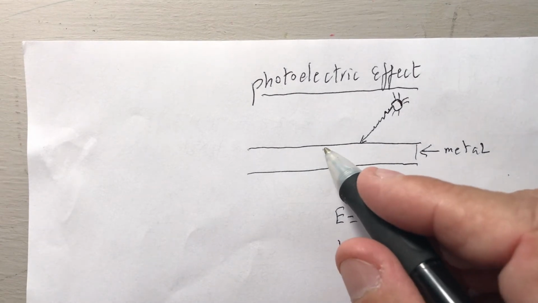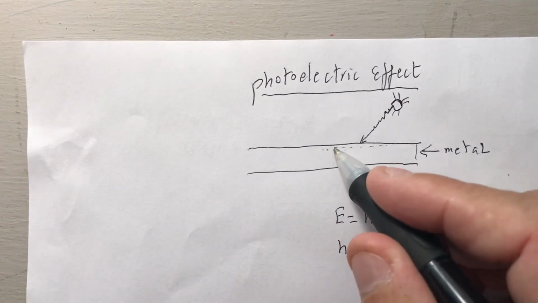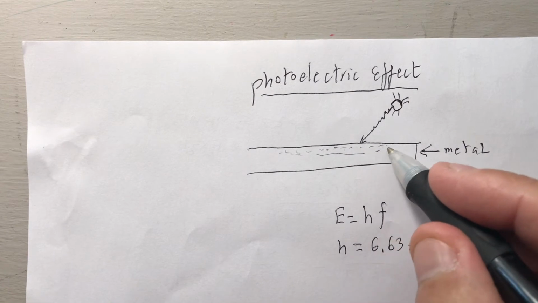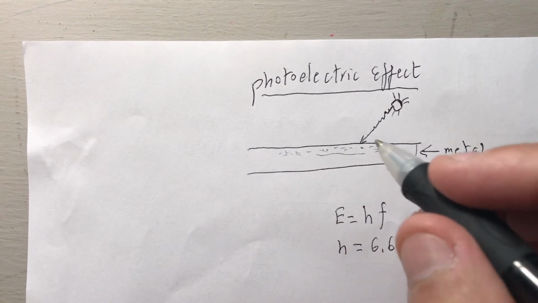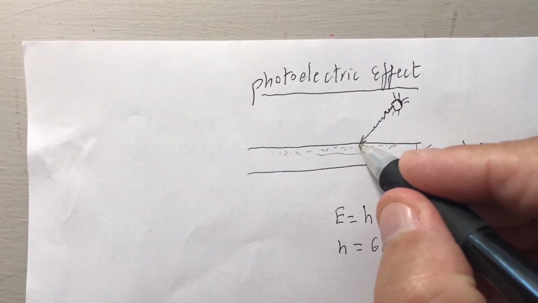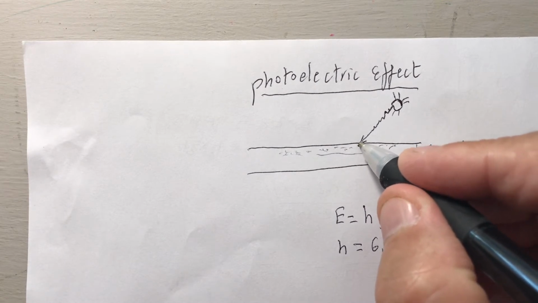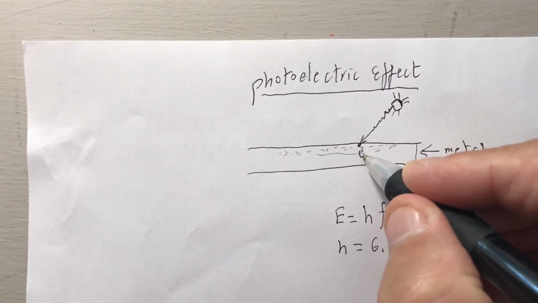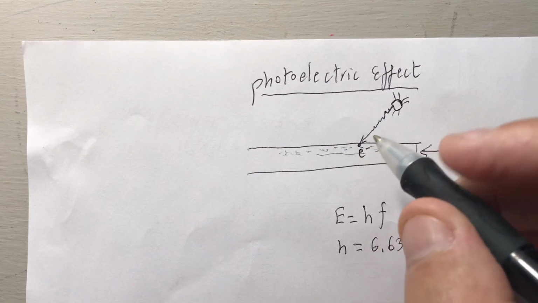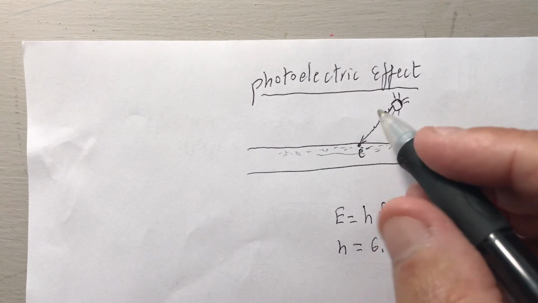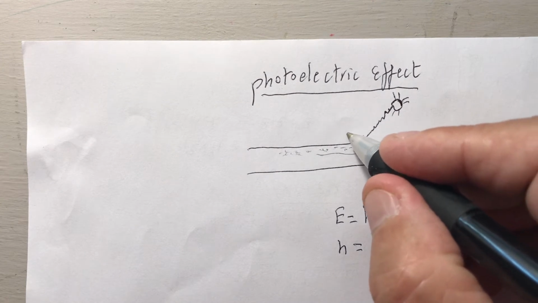The electrons are moving about, randomly going around. If the photon has enough energy to hit the electron, the photon will hit it and the electron will jump.